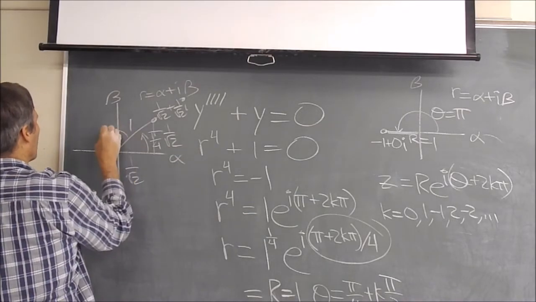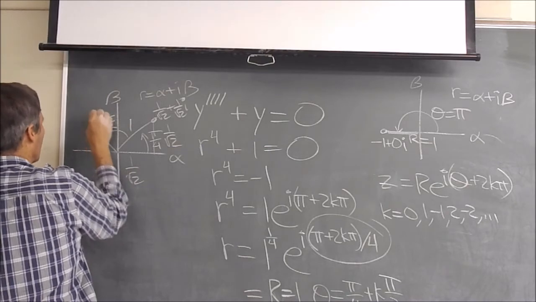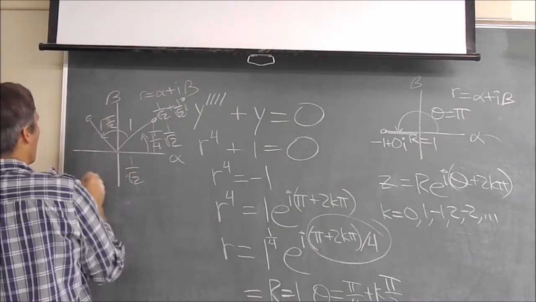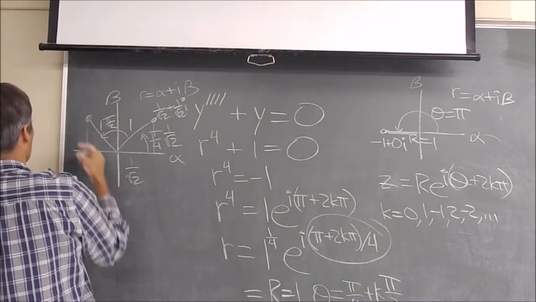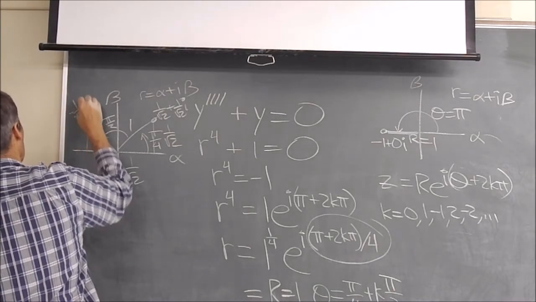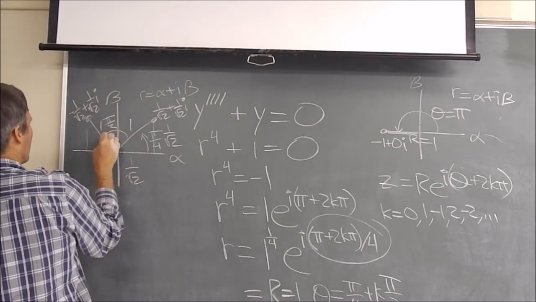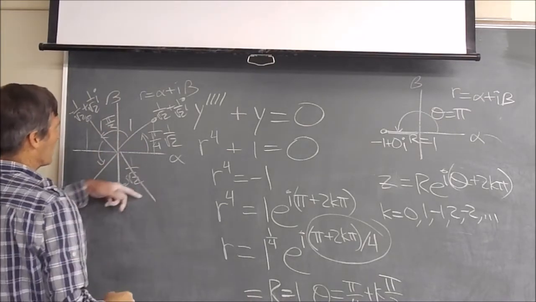Now we can add pi over 2 to that and get over here. Now this is 1 unit out at an angle 3 pi over 4. That complex number, by dropping a perpendicular, is 1 over square root 2 this way and 1 over square root 2 this way. But this is negative, so this is minus 1 over square root 2 plus 1 over square root 2 i. Then we can go pi over 2 more around to this angle, and we've got 4 multiples of pi over 2, and then they start repeating.